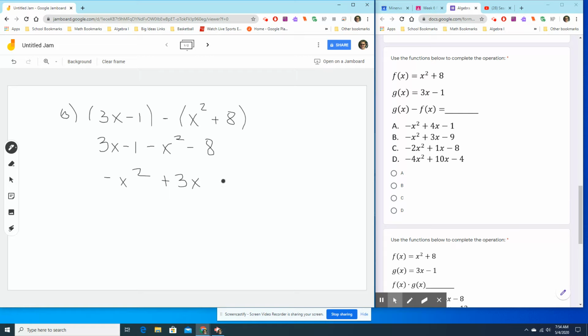And then a minus and a minus 8. Ooh. So negative 1 and negative 8 make negative 9. There's a bump in the table here. It keeps messing me up. Okay. And that should be B, I think. Yep. All right. Clear that board.